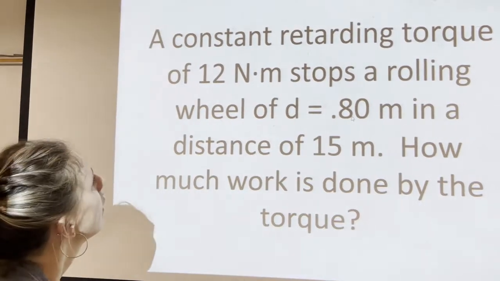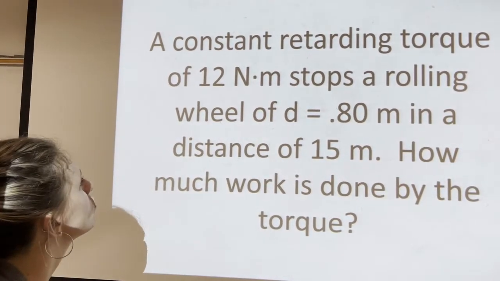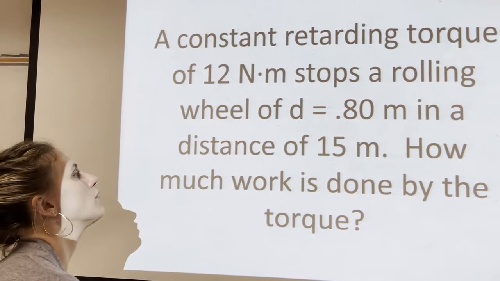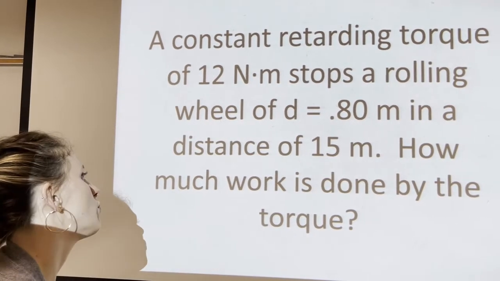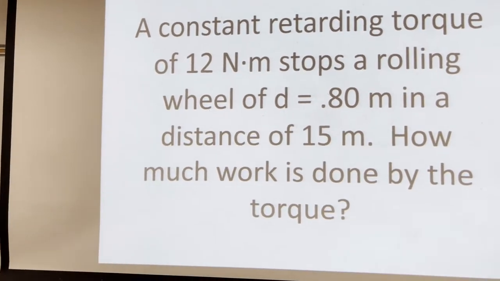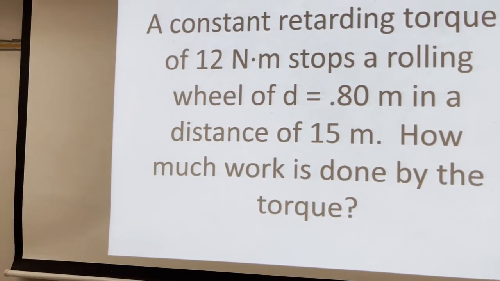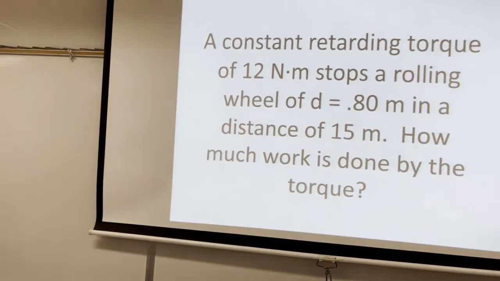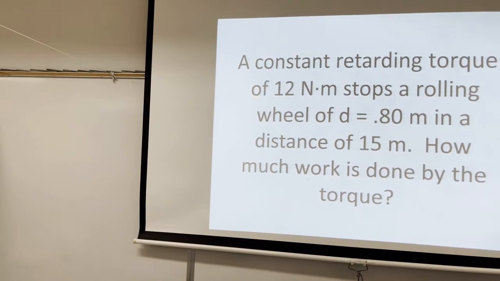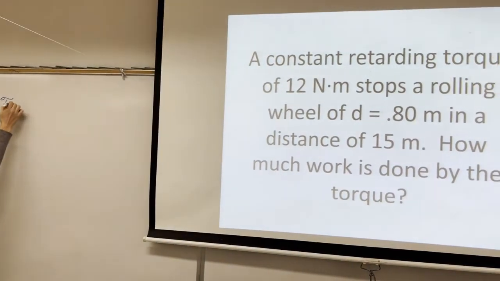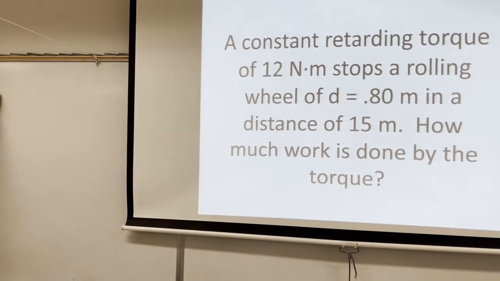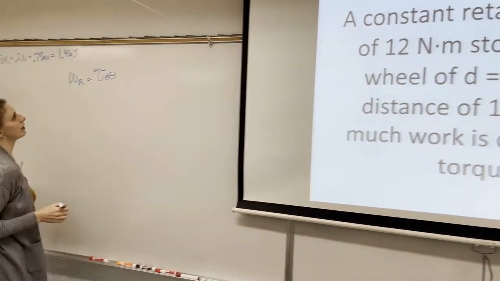A constant retarding torque of 12 newton meters stops a rolling wheel of d equals 0.8 meters in a distance of 15 meters. How much work is done by the torque? The rotational work is the torque times the angular displacement.